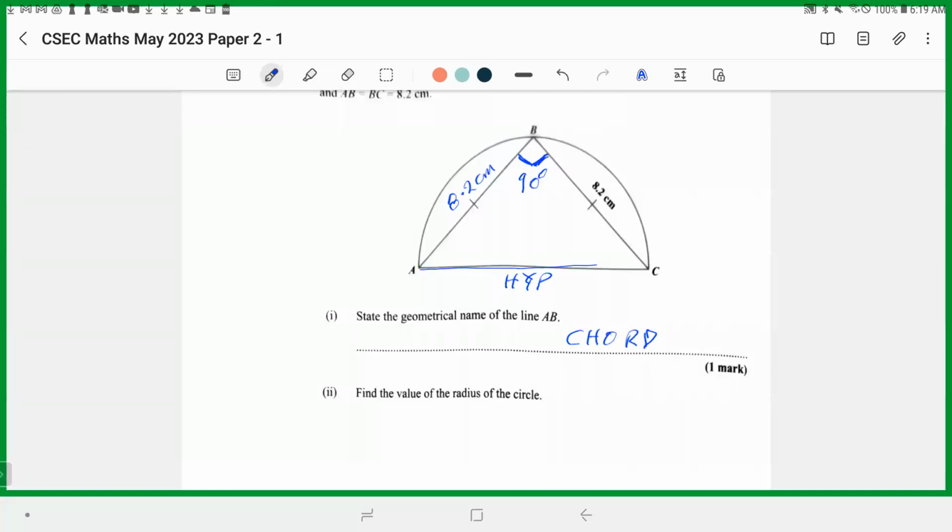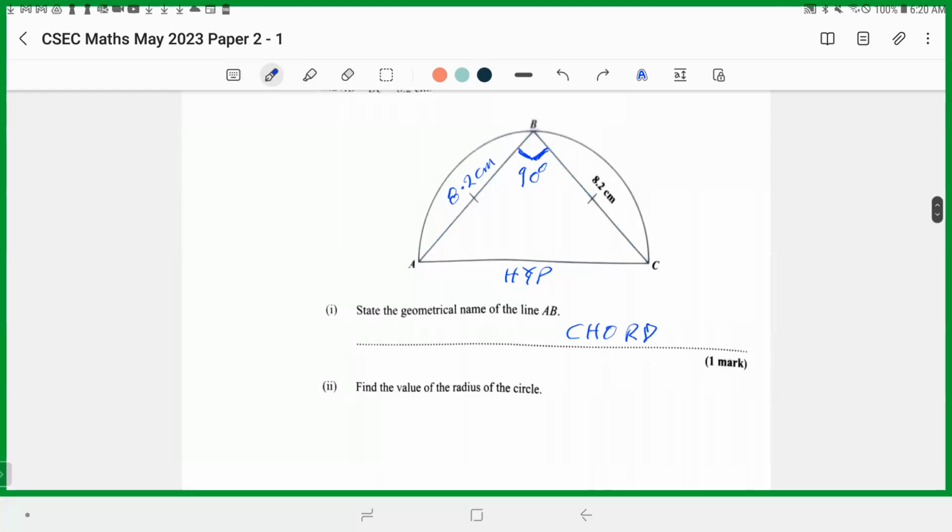Because angle subtended by a diameter in a semicircle or in a circle is 90 degrees. Right? So the hypotenuse is the diameter right now, focusing on this triangle. So that's the diameter, and the radius is half the diameter. So let's write that. So the radius is going to be half of the diameter AC.